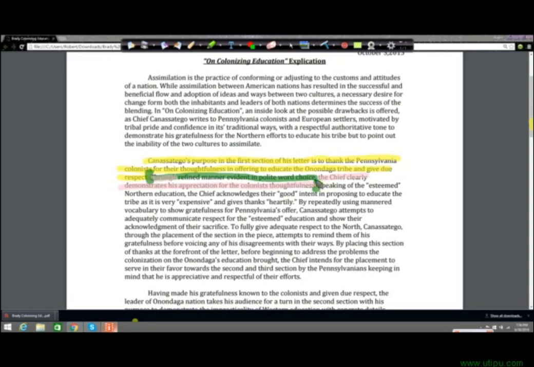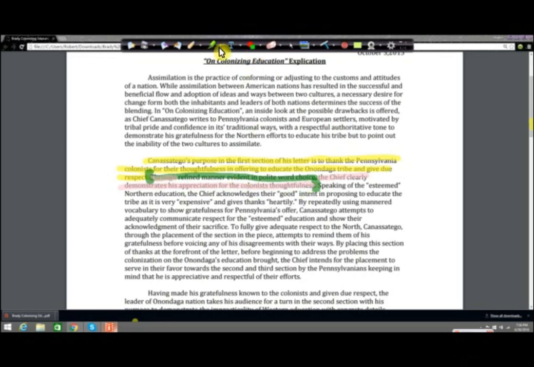This is really the core of what you're going to be doing: you have to explain what is happening to the meaning of the piece through the rhetorical strategies. So this kind of wording can be pretty effective: through rhetorical strategy blank, the chief clearly demonstrates his appreciation for the colonists' thoughtfulness. This is extremely good explication.